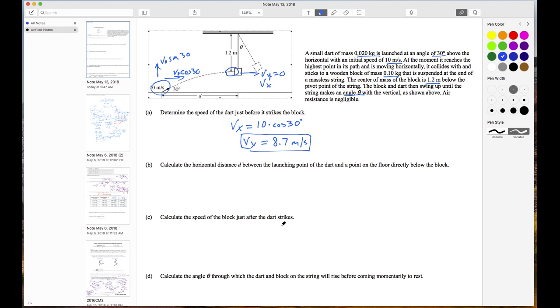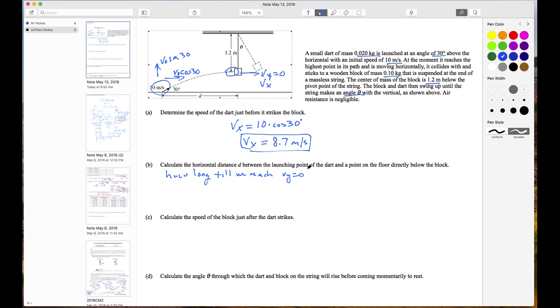Now we want to know the horizontal distance d until it impacts, which means we want to know how long until we reach Vy equals 0, until we reach that apex. When we find that time, we can find the distance traveled with the horizontal speed.